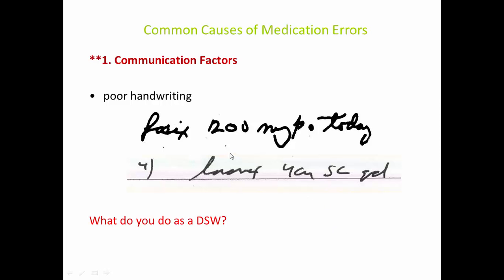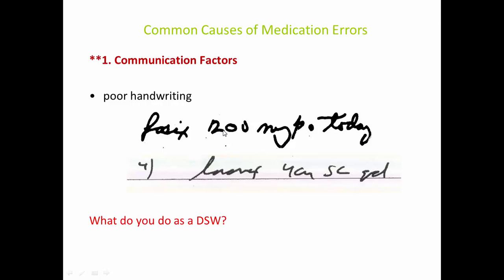This top one here says, and see if you can read this, Lasix, and then this part here, milligrams by mouth today. The problem was that when the physician wrote this medication order, he or she started to write 100 milligrams and then changed his or her mind and changed the 1 into a 2.